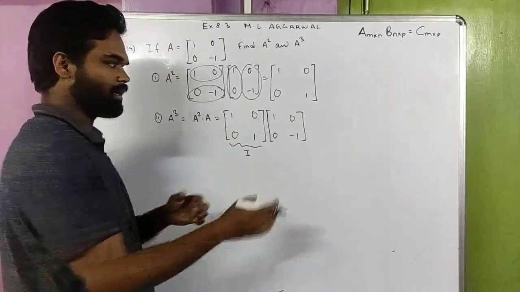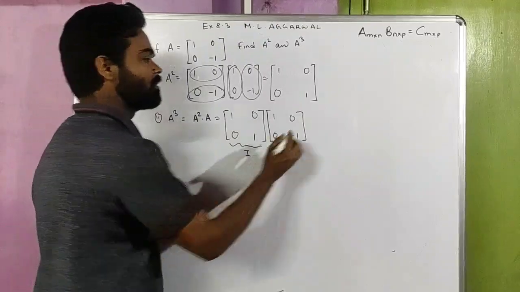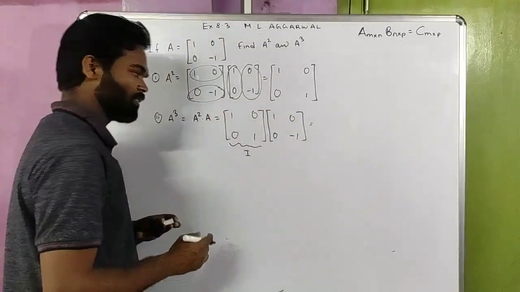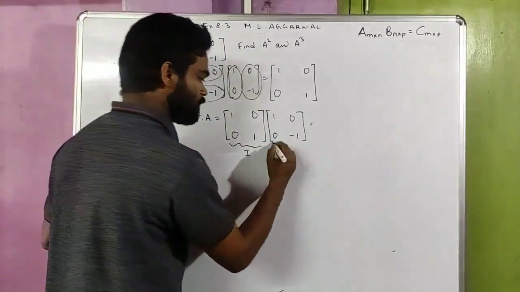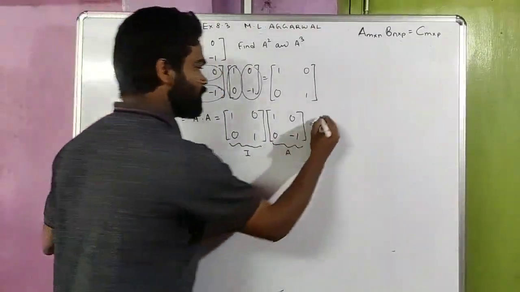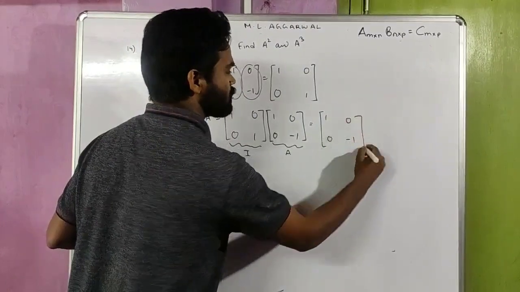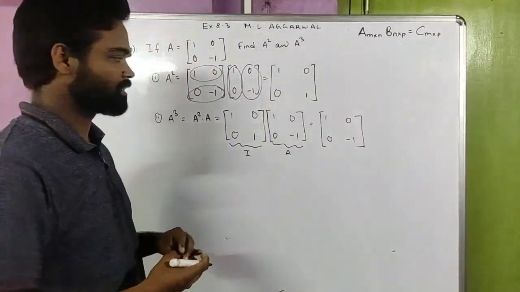Whenever you multiply a matrix with an identity matrix, suppose this is A, then the same matrix comes, which means the answer will be this, equal to A. Is it clear?